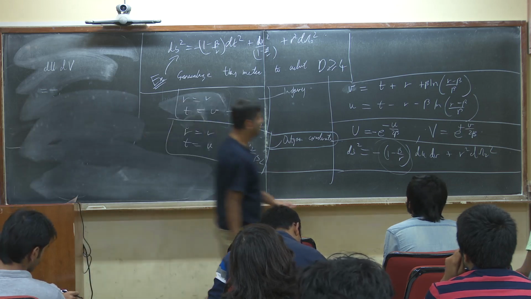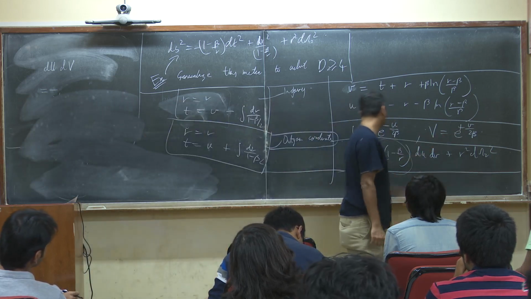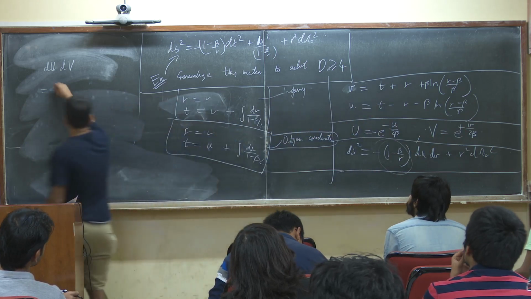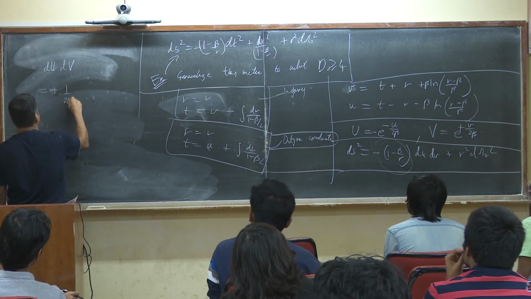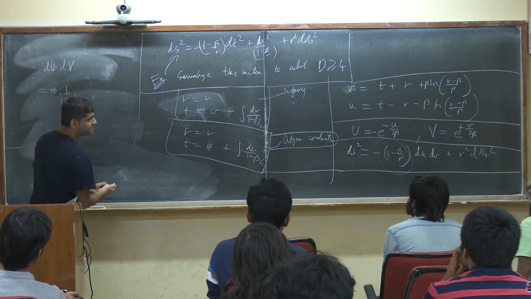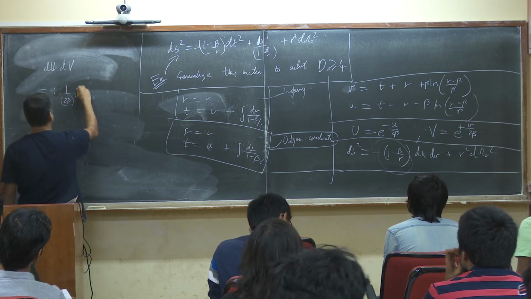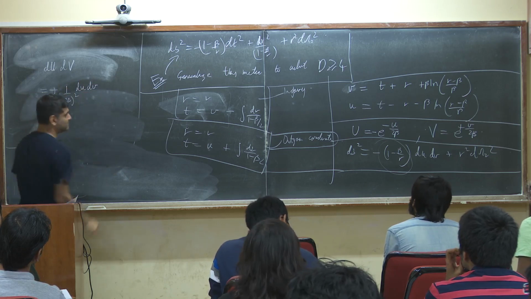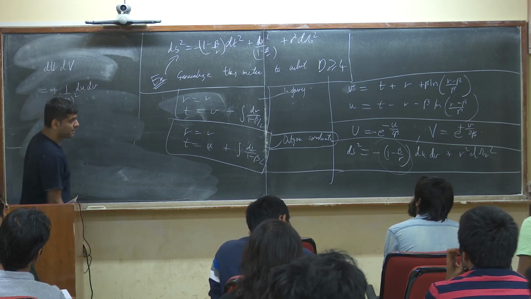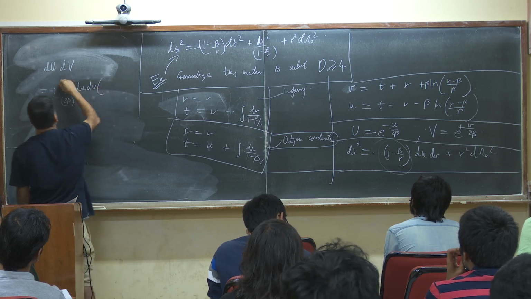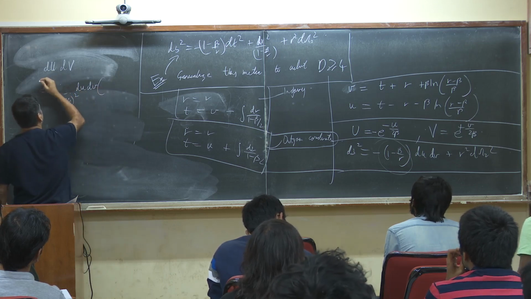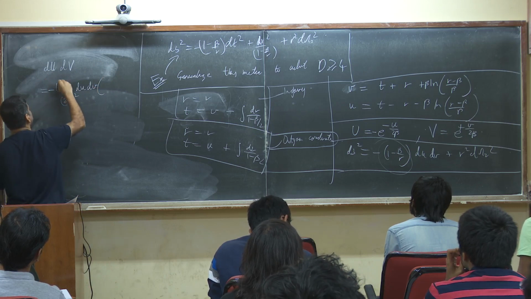Then we will have a plus from here and a minus from here, so a plus 1 by 2 beta the whole thing squared into du dv times 1 minus, times now we'll write minus uv.